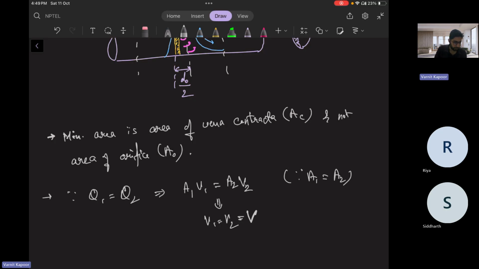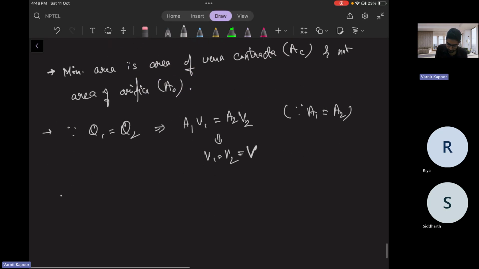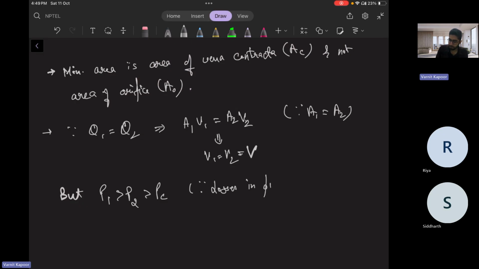But there will be a pressure drop. P1 is greater than P2, which is greater than PC, because of the losses in the pipe.